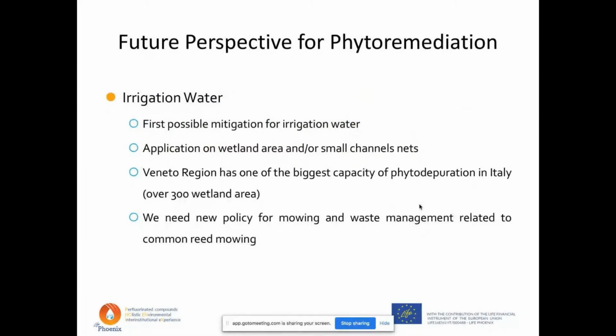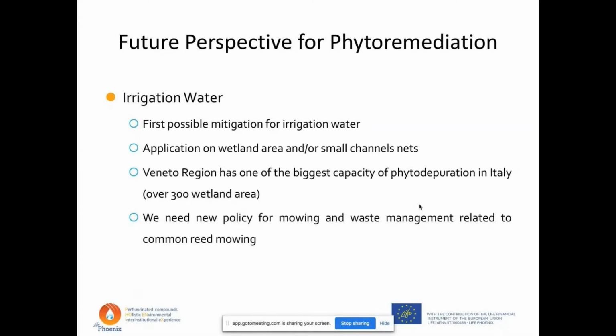And for the future perspective of phytoremediation, we can say that yes, this is a first possible mitigation for PFAS concentration within irrigation water. I have to remember again, no treatment is nowadays applied to mitigate the PFAS concentration in irrigation water.